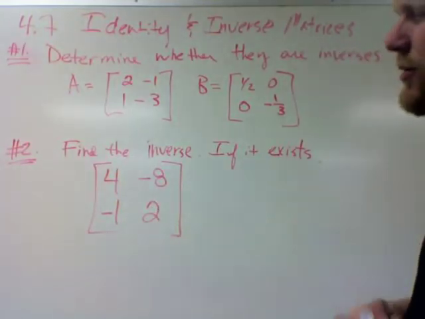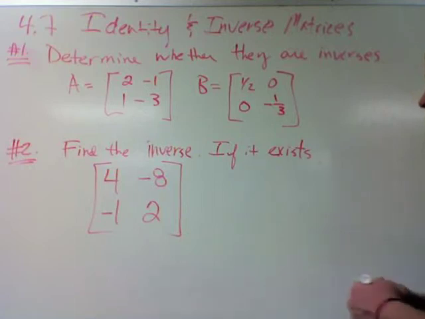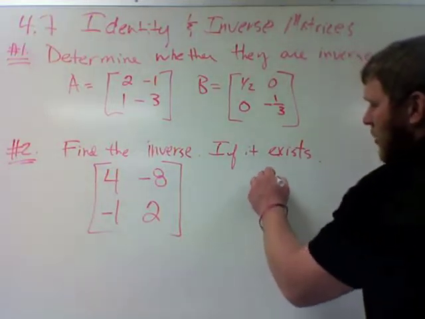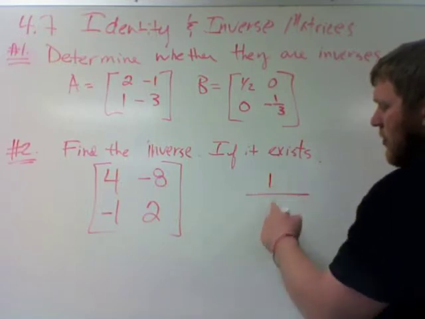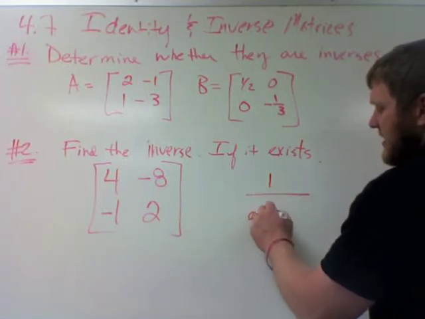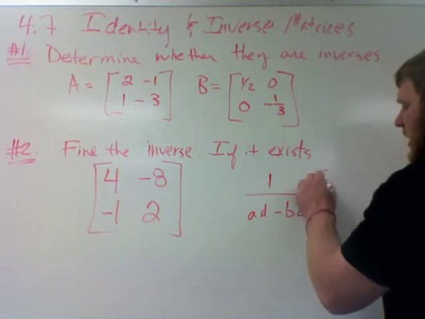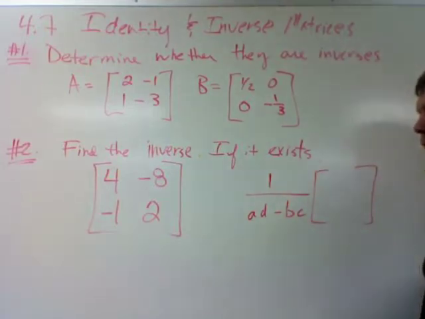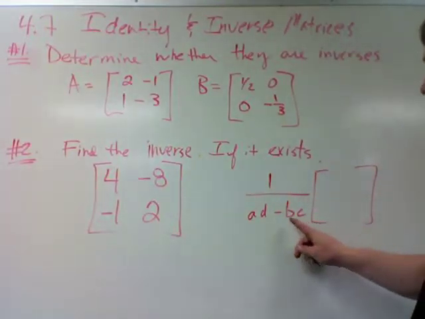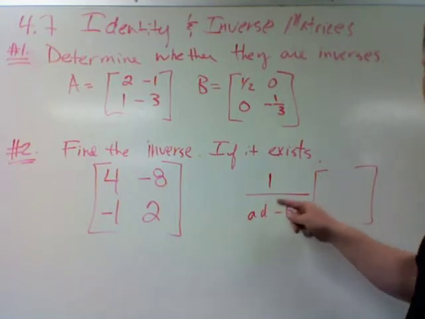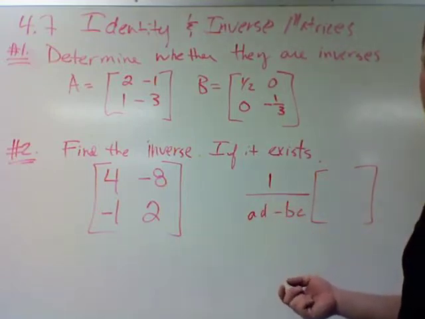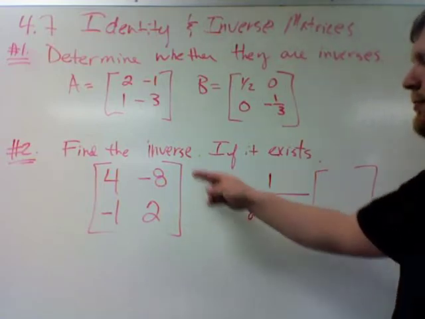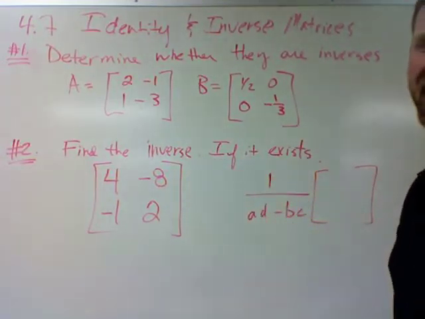That's something I didn't quite explain, so I'll do it real quick. Remember part of the formula where you had 1 over AD minus BC times the matrix here. Now, if this determinant ever became 0, then the inverse would not exist.